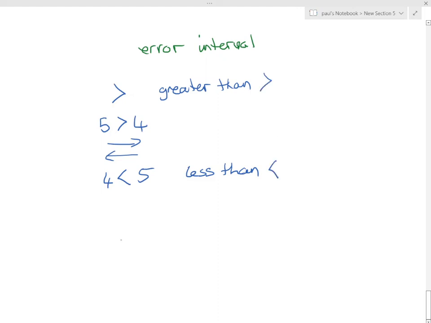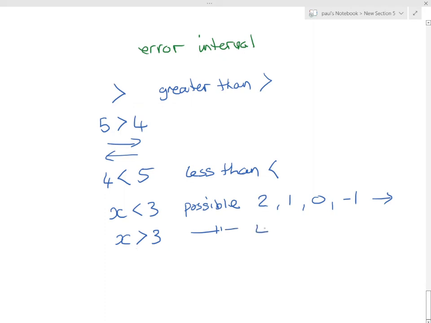Now, if we have x is less than 3, all the possible values of x, and we'll just do whole numbers, it's got to be less than 3, so it could be 2, 1, 0, -1, and so on forever. If we have x is greater than 3, then the possible values of x are bigger than 3, so it could be 4, 5, 6, 7, and so on.